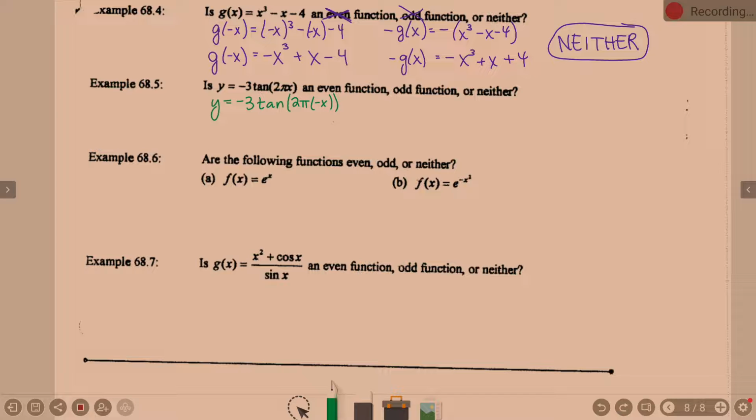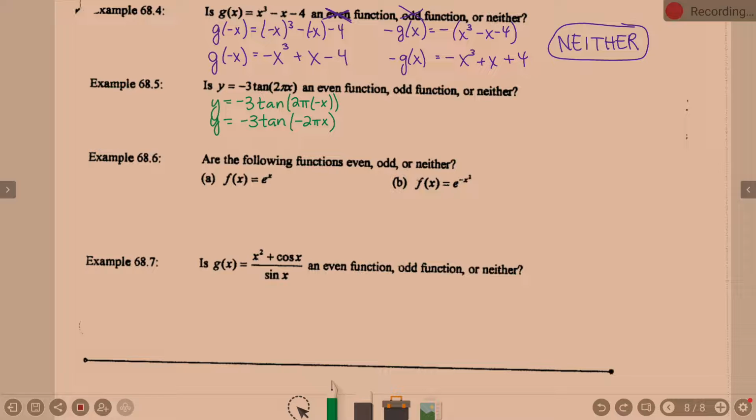Now, if I clean that up, negative 3 tangent, 2 pi times negative x is negative 2 pi x. Well, the negative outside and that negative inside cancel. Does it?